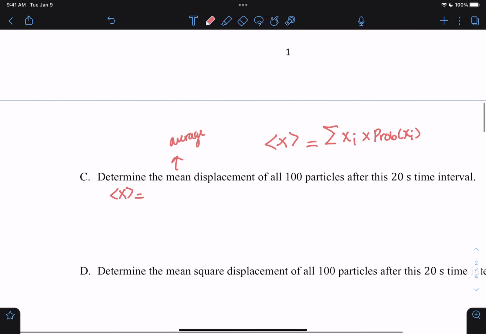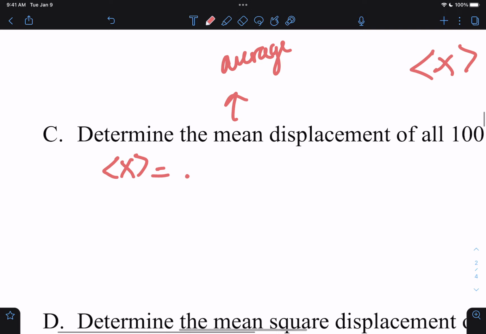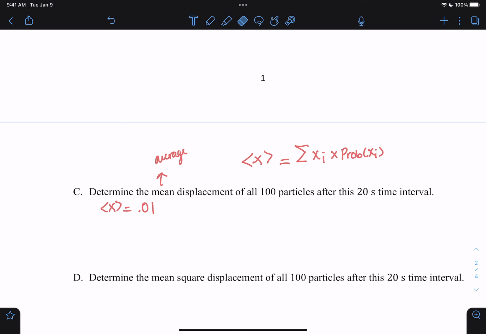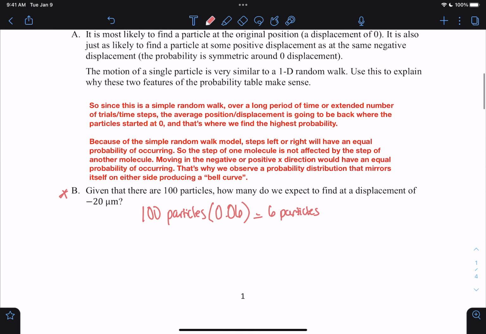So let me write it in that form: value, then the probability. We have negative 30 micrometers, and there's a probability of finding particles at that displacement of 0.01.